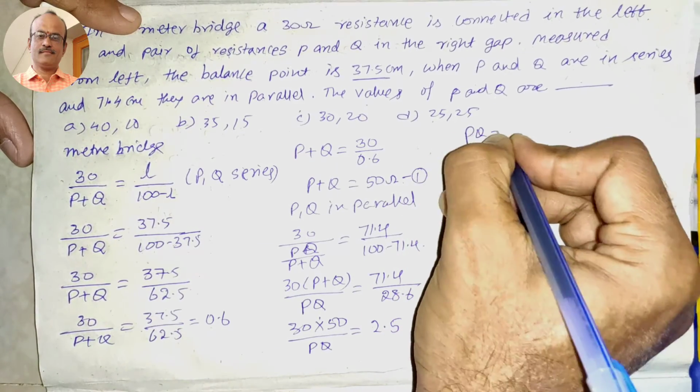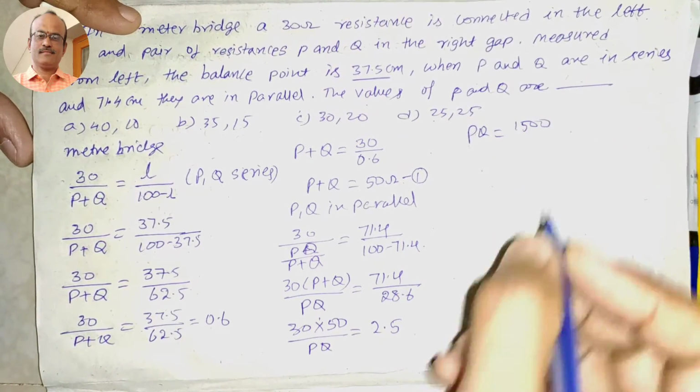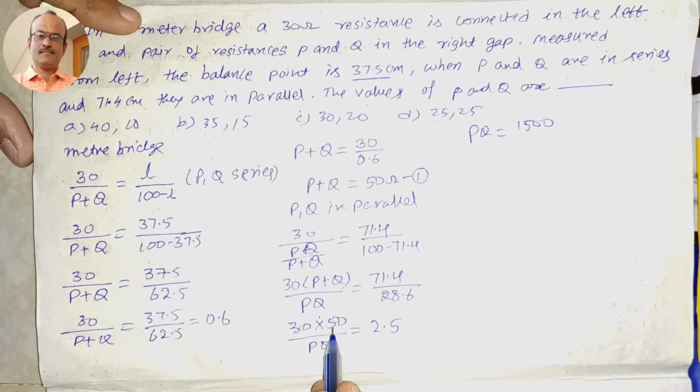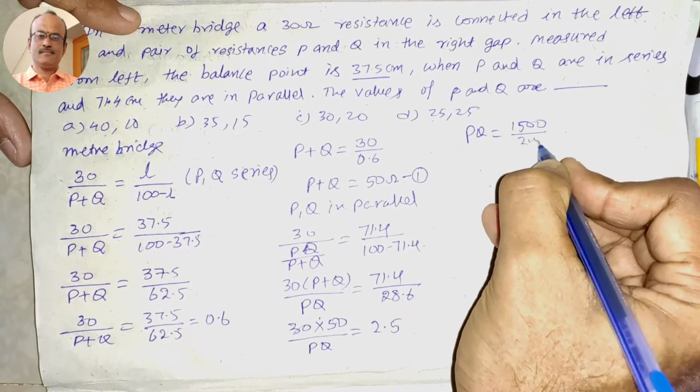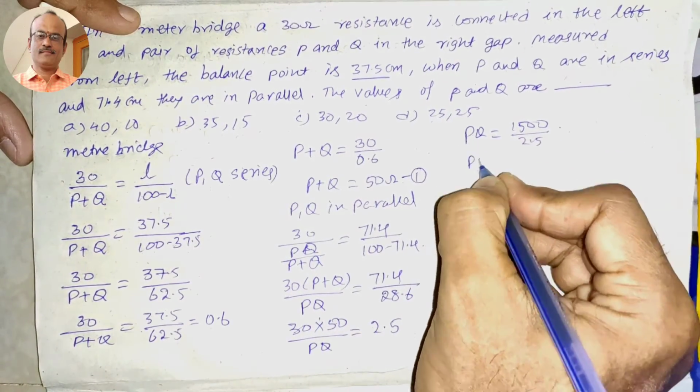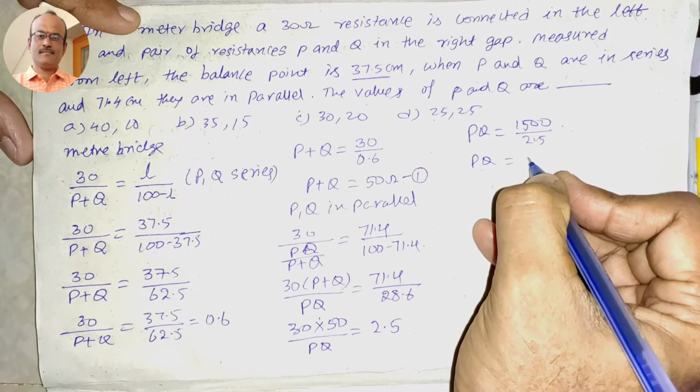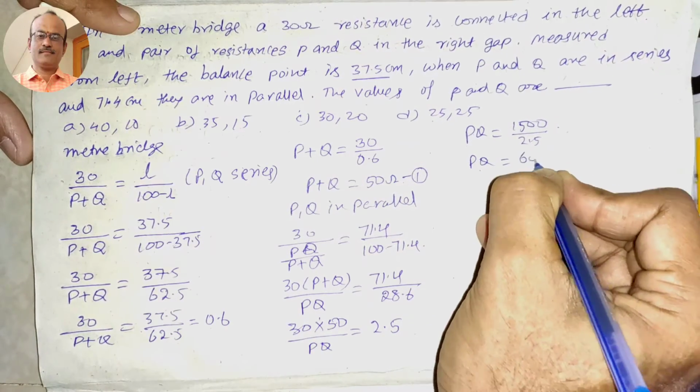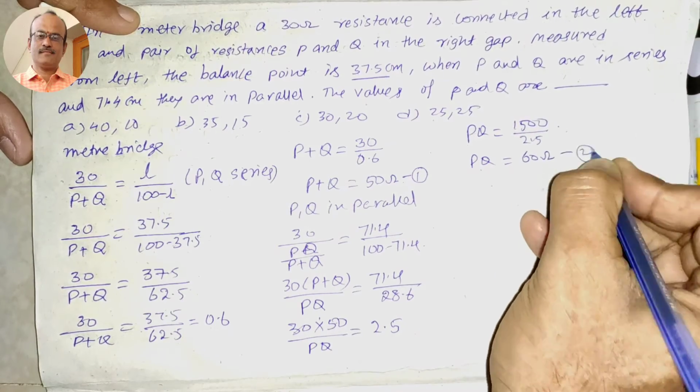But here PQ is equal to 1500, multiplication 30 into 50, 1500 divided by 2.5, that is PQ is equal to, simplification, we are getting 60 ohms. This is second one.